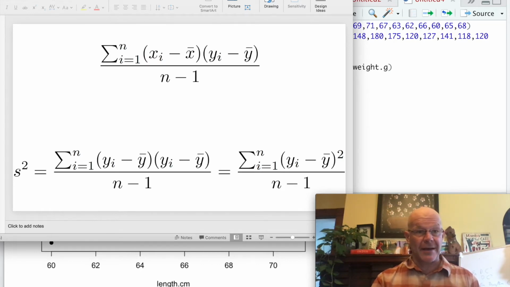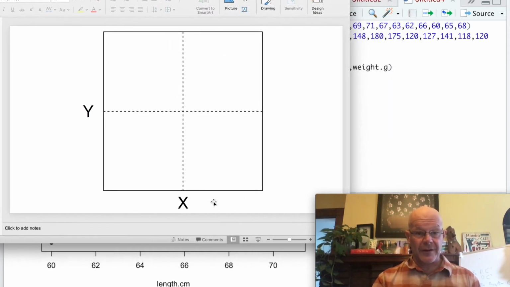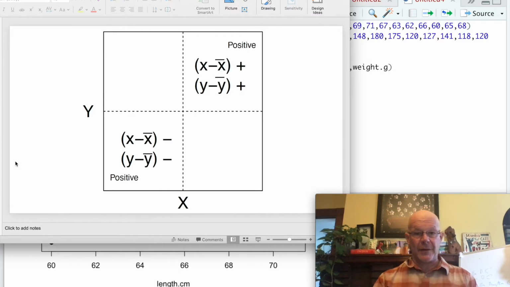And I've even made a little map here so we can think about it. Here's our x-axis and here's our y-axis, and then our data are going to get thrown there. There are two different ways in which you could be positive when you're multiplying those two things together. If you're up in this corner, you are on the positive side of the mean of x, and in this direction, you're on the positive side of the mean of y.